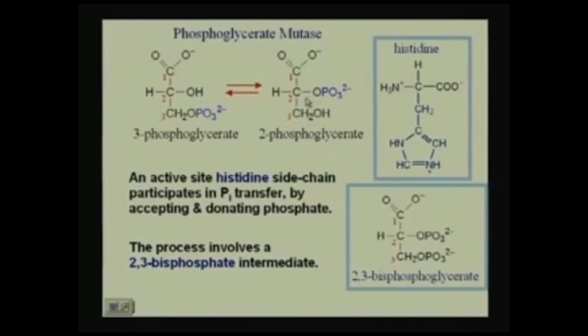This would obviously depend upon the position of the carbon atoms in the active site of phosphoglycerate mutase. In the intermediate we have an additional 2,3-bisphosphoglycerate, and this finally loses the phosphate on the third carbon atom, becoming 2-phosphoglycerate. So we've already formed the acid. We're gradually getting to the step where we are going to form an enol and then a pyruvate.